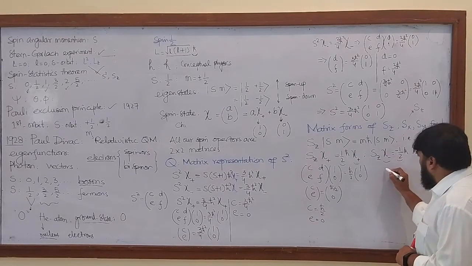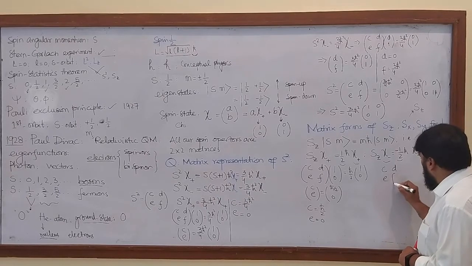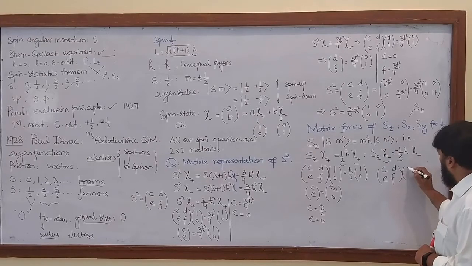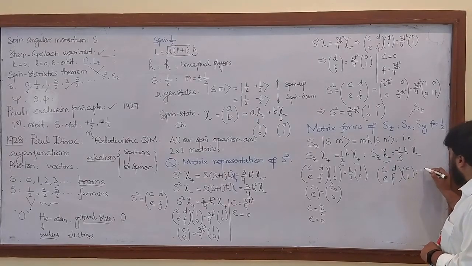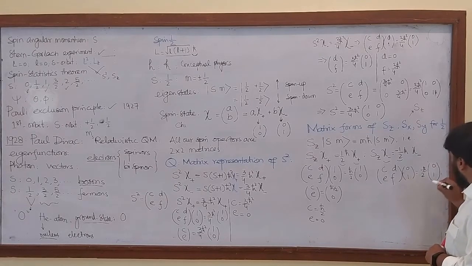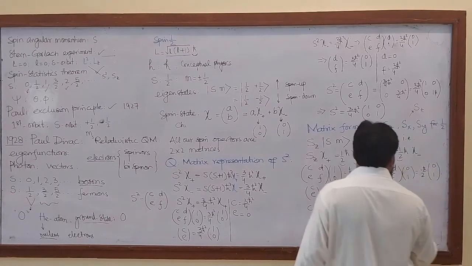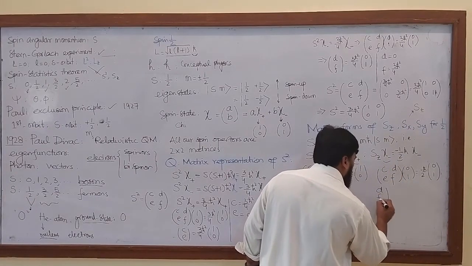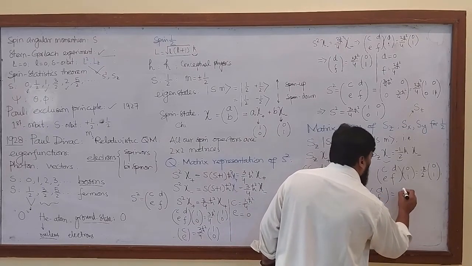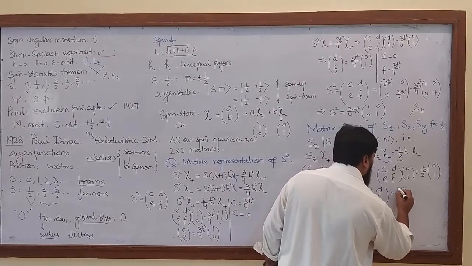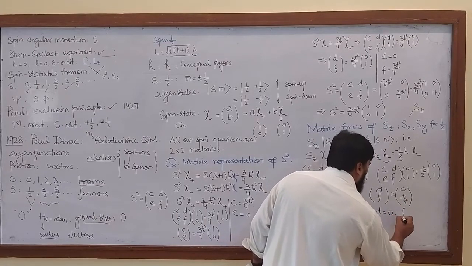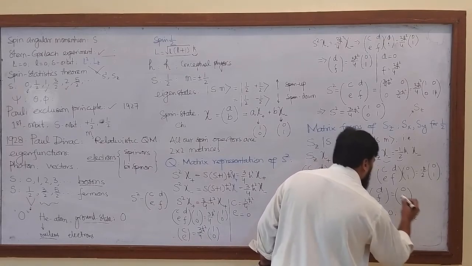Similarly, when C, D, E, F applies on chi minus, which is (0, 1), it is minus half h bar and chi minus. So 0 and 1. So here D and F will remain. DF rather will become 0, and 0 and minus half h bar.